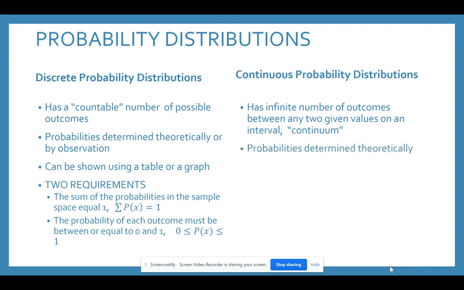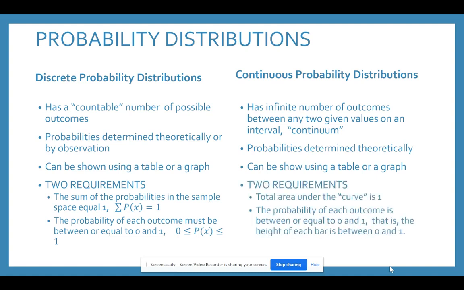For continuous probability distributions, typically those probabilities are determined theoretically, possibly even using a formula. Again, we can represent those in a table form or a graph. The 2 requirements are very similar, but the terminology changes slightly, because when we start thinking about a continuous probability distribution, we begin to relate that to the area under the curve or the graph of that particular distribution.